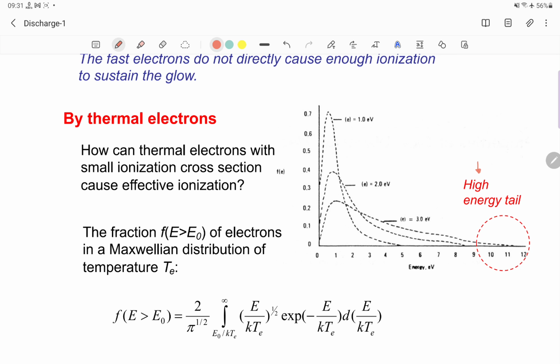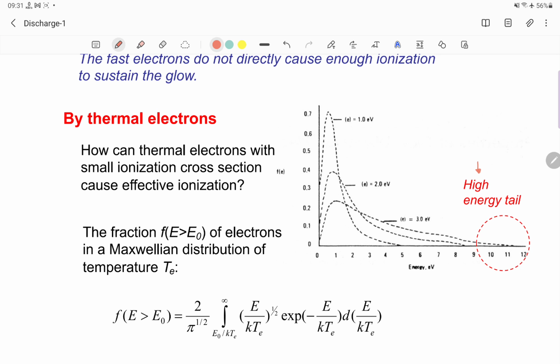For such reactions, we need to apply an energy higher than the ionization energy of argon gas. And if we use other gases like krypton, also an inert gas, the ionization energy is smaller.